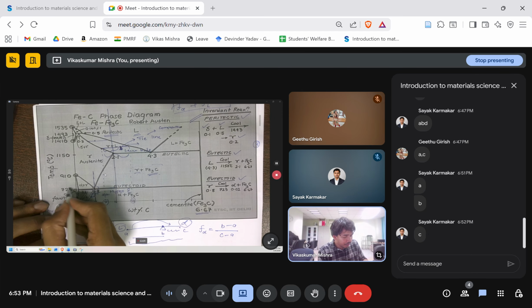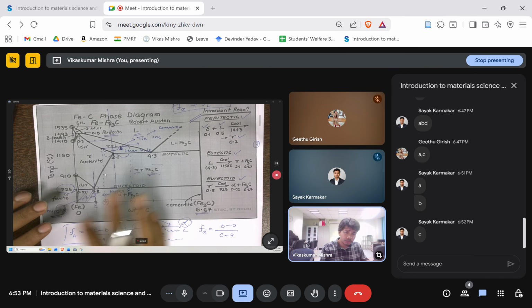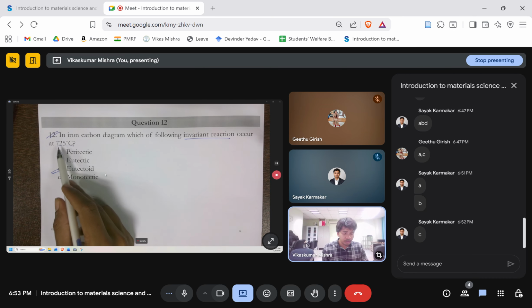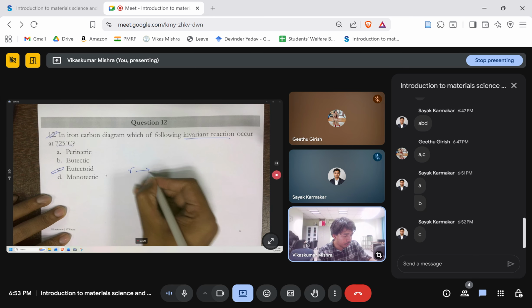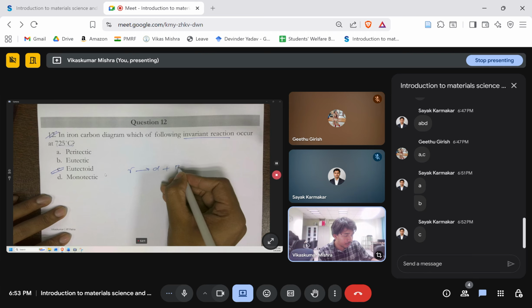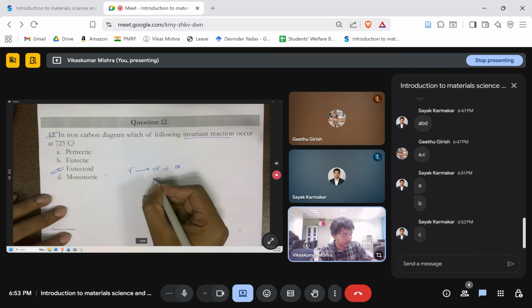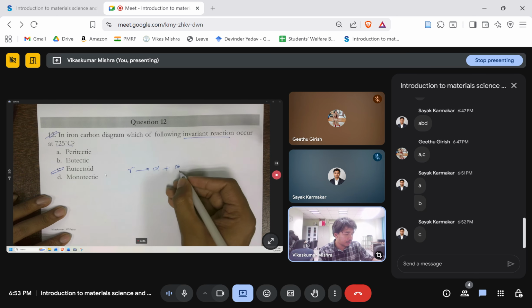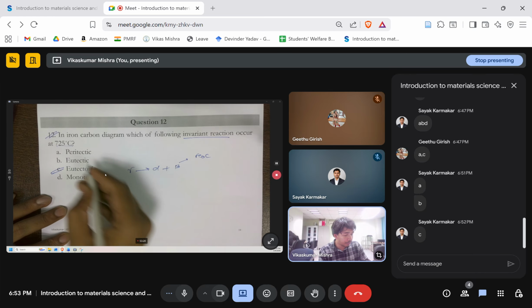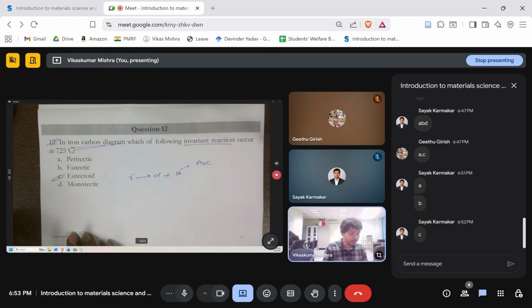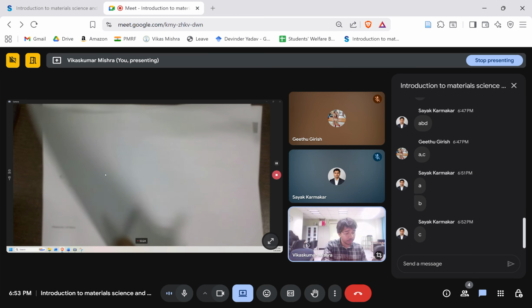This is the reaction at around 725, very close. We know that gamma transforms to alpha and cementite, ferrite and cementite, when we are talking about iron carbon. Very good. Let's move ahead to the next question, question number 14.